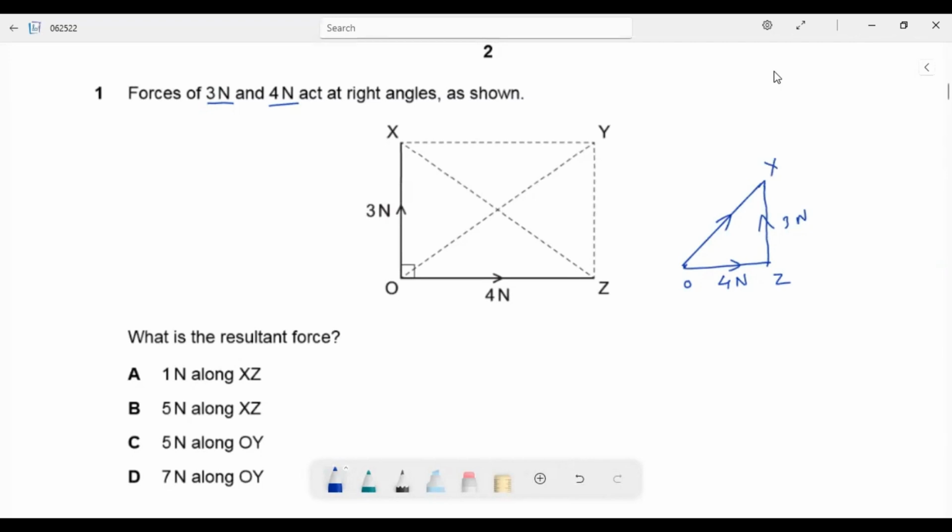So how can we find the resultant force? We can apply Pythagoras theorem here. The resultant force can be written as R. So R squared is equal to 3 Newton the whole squared plus 4 Newton the whole squared.